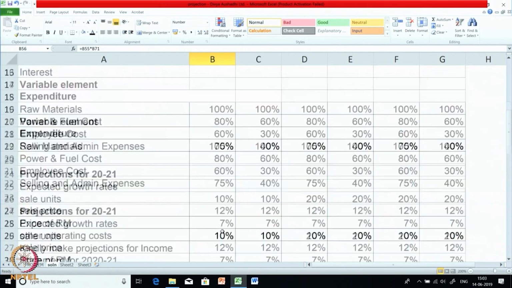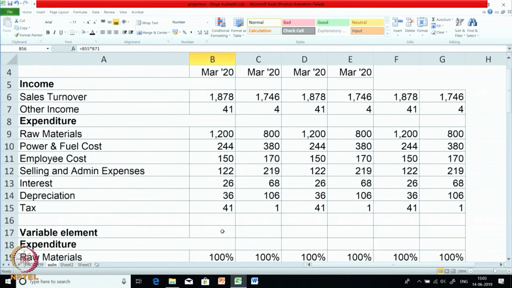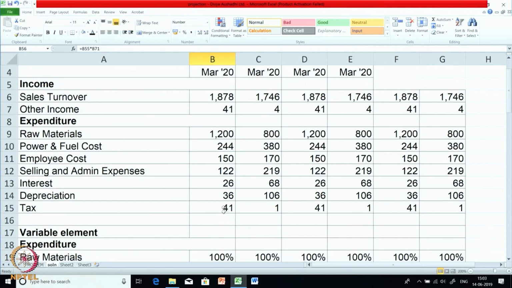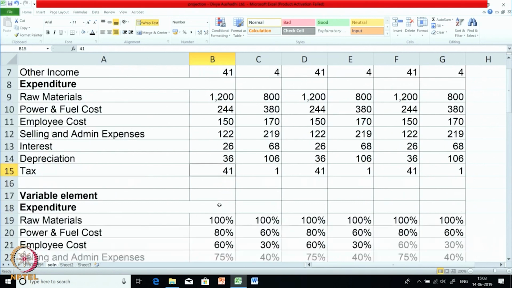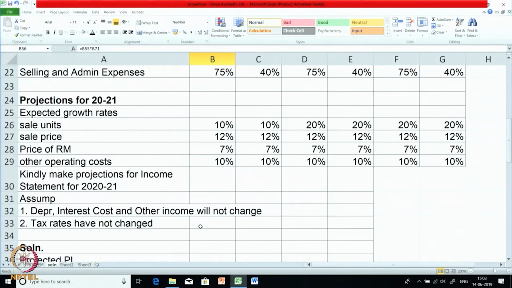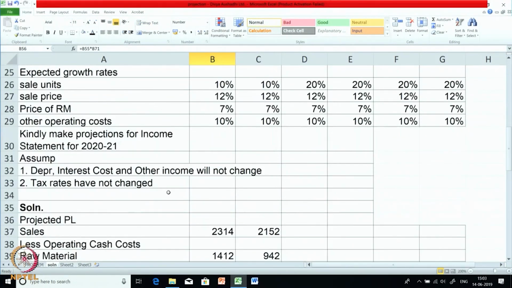How does it compare with last year? Okay, last year's profit before tax is not given, but we can just calculate it for our own sake to understand, but anyway we will do it later on. Now last year's tax is 41. How much tax should I charge here? They have said that tax rates have not changed, but how much is the tax rate?